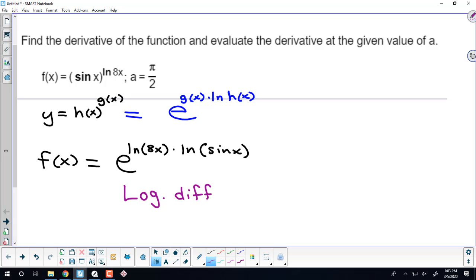Logarithmic differentiation makes this easier, sort of a relative term, but it makes this easier. So we'll hold off on that, because I think logarithmic differentiation for functions of the form h to the g is easier than writing it as e.